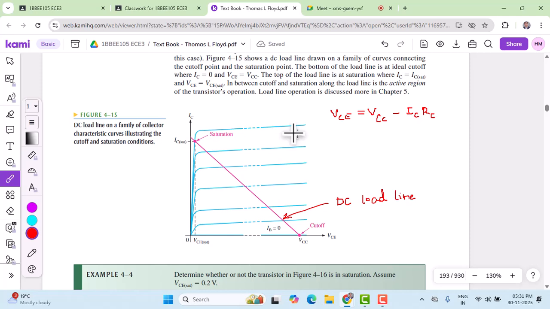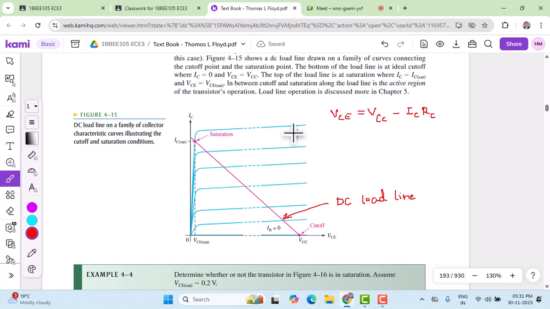Therefore, let us call this point A. This is the point on the vertical axis. X is 0 because x is nothing but VCE, but there is a y value which is VCC over RC. Similarly, to obtain another point, let me call it point B. If I make IC 0, I will get a point along the x-axis.